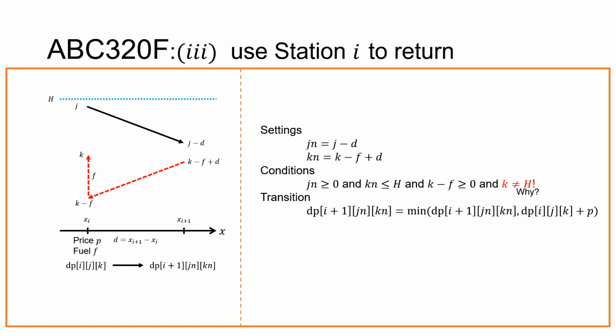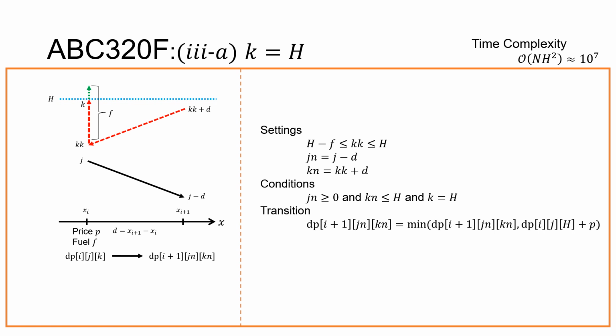Here, we must think carefully about the difference between the case of k equals h and k is not equal to h. Consider the case of k equals h and add fuel at station i for the way to return. When exceeding h after adding fuel, the total resulting carrying fuel is just h. Therefore, the fuel kn, which is the fuel at xi plus 1 to return, is not unique.